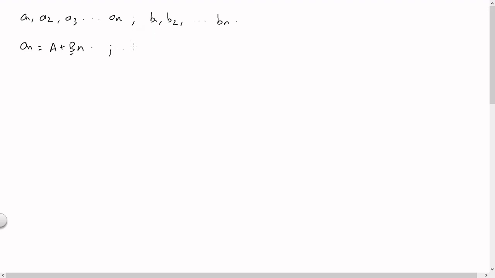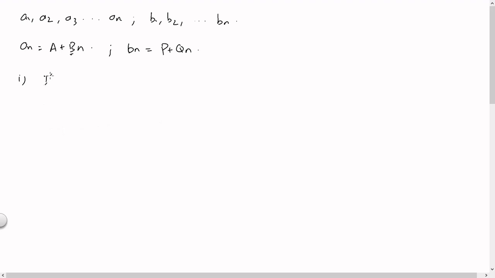Similarly, let us represent the nth term of the other arithmetic progression with p plus q into n. Now what we need to see here is, in the first case, when the terms of the first arithmetic progression are added to the corresponding terms of the second arithmetic progression, what would the resulting sequence be?